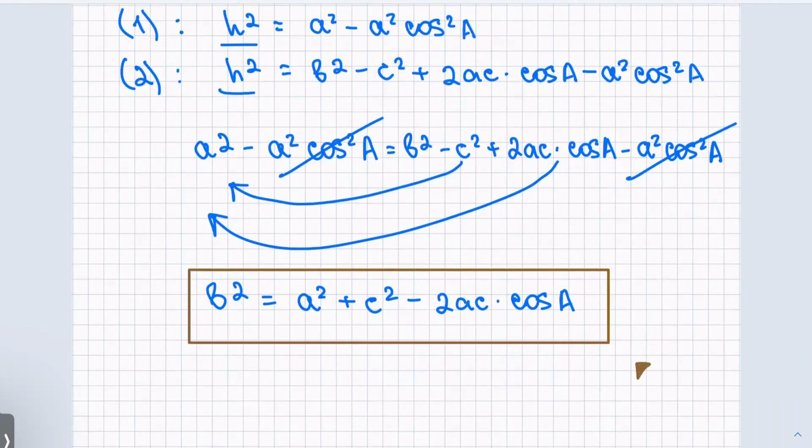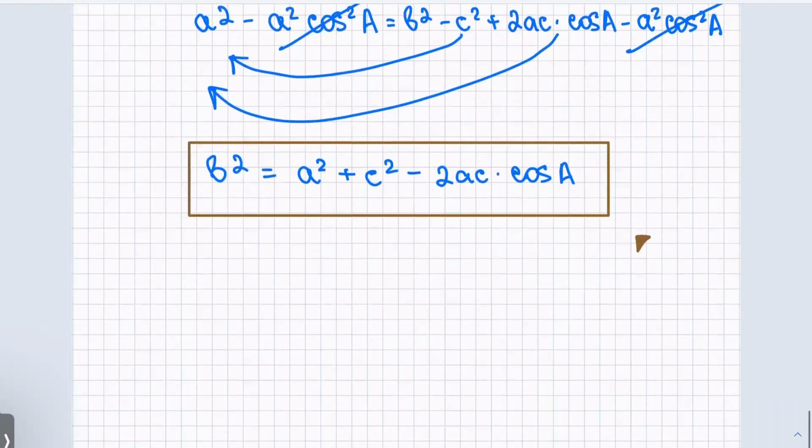So now let me show you how to apply this cosine rule in dealing with some triangles. So let's consider the following example, dear students. Let's consider example number 1. For instance, we are given the following triangle.